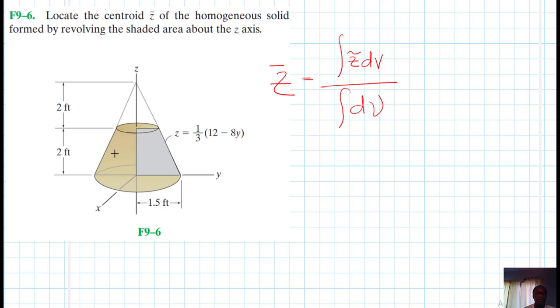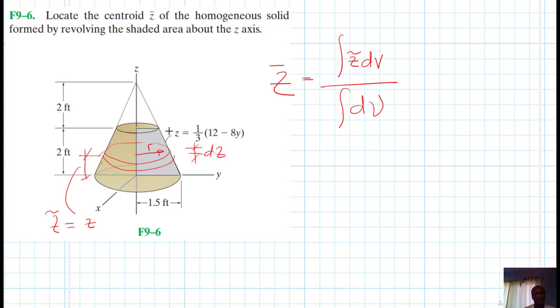Alright, so cut a small cylinder here. This cylinder will have a certain thickness, dz, and then it will have z tilde, which in our case will just be equal to z. Then later on we'll be able to work this out.